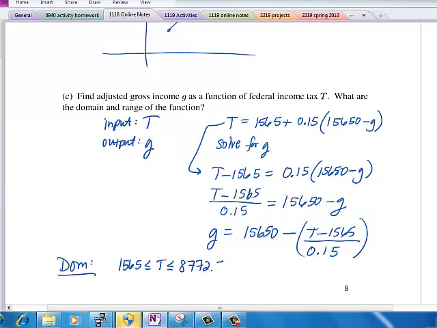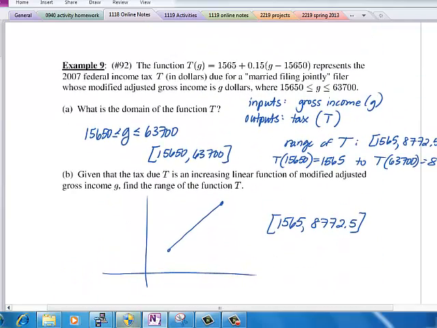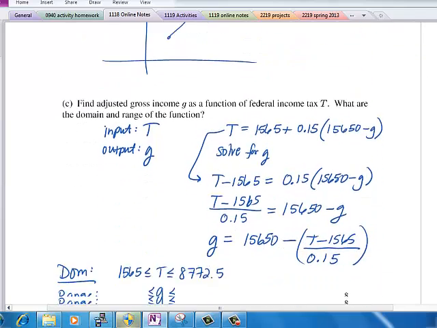The range from the other one, and then the range here would be the set of g values, and that would be the domain from the other one that was given as 15650 to 63700.